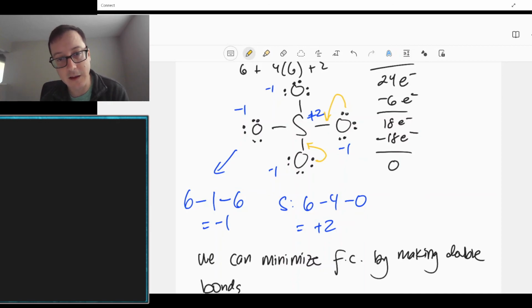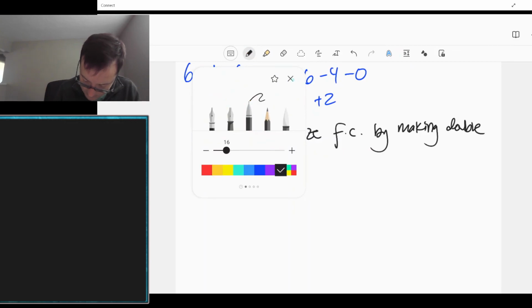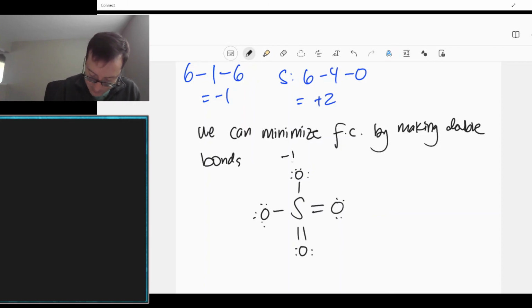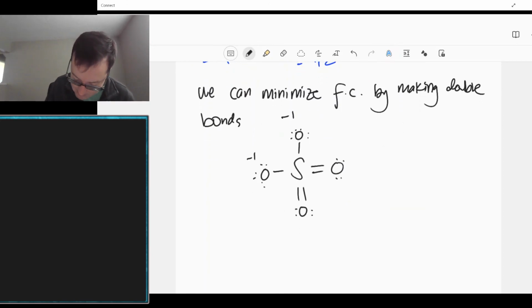So if we do this, we have -1, -1, which is okay because sulfate has a -2 charge overall. And so this is going to be the better one, and we'll see.